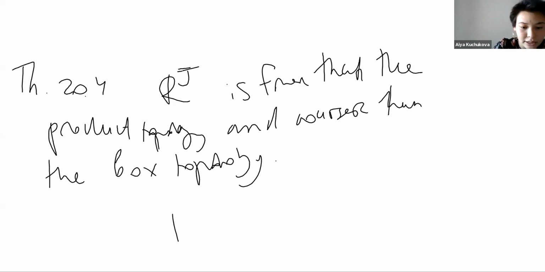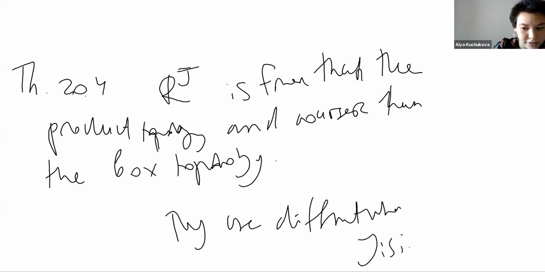Okay, and they are different when J is infinite. So you would ask, we just proved that the product topology is the same as the uniform topology, so why are we trying to prove it's finer? Well, they can be equal to each other. When we say finer, it's kind of like equal or bigger, so there is still a case when they're just equal.